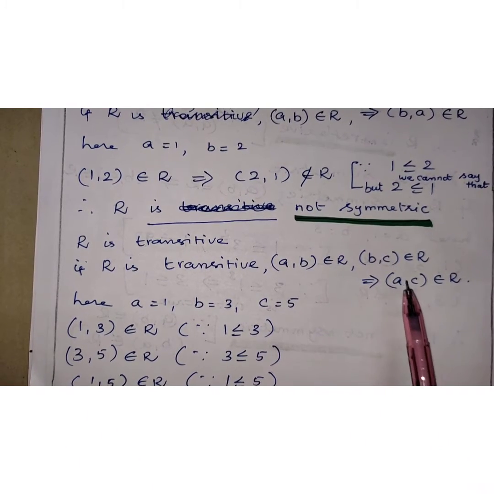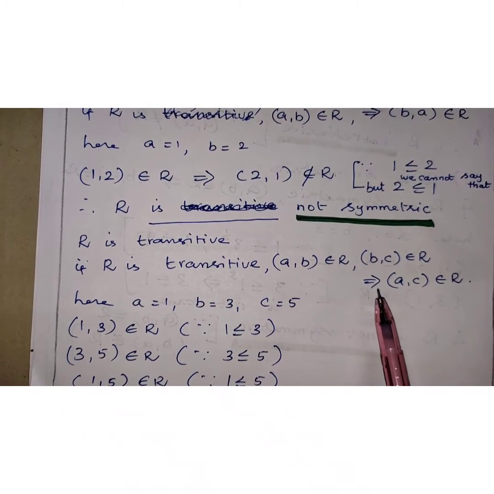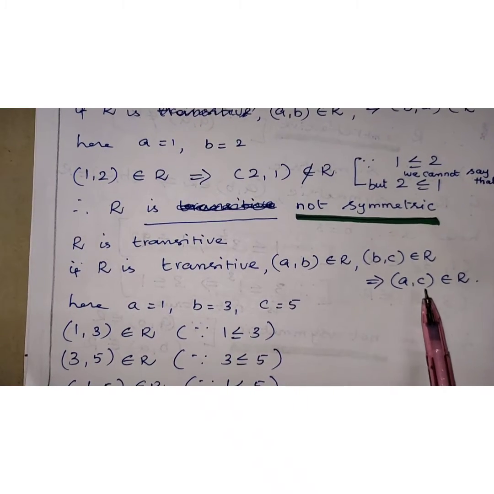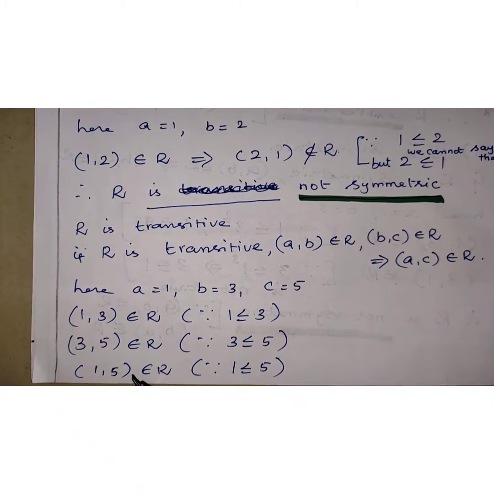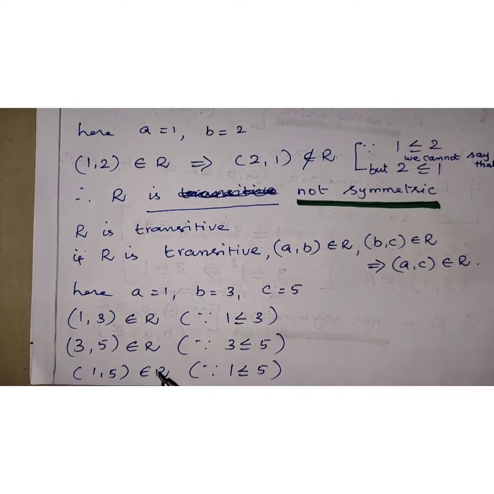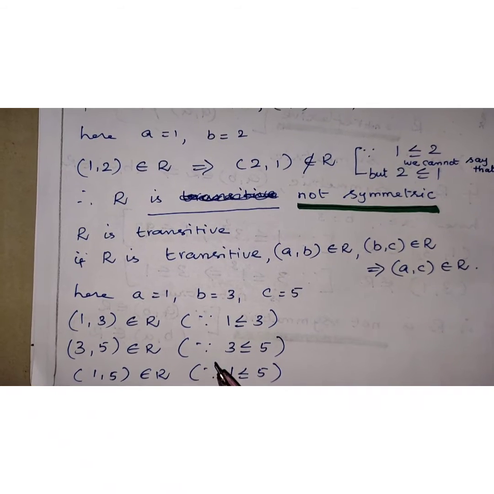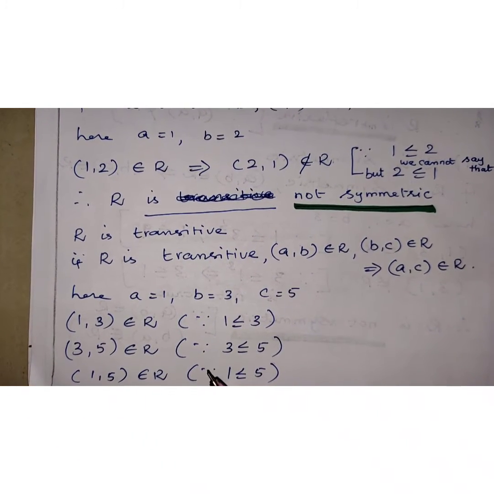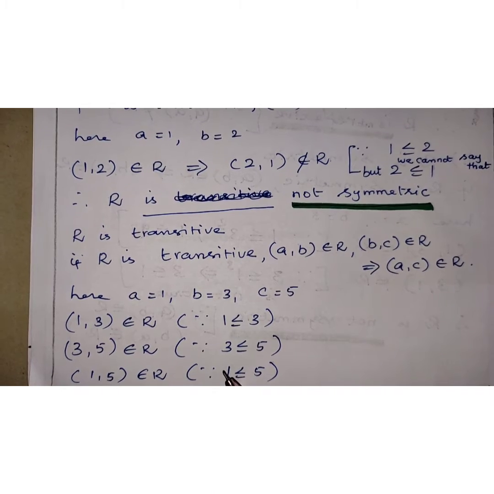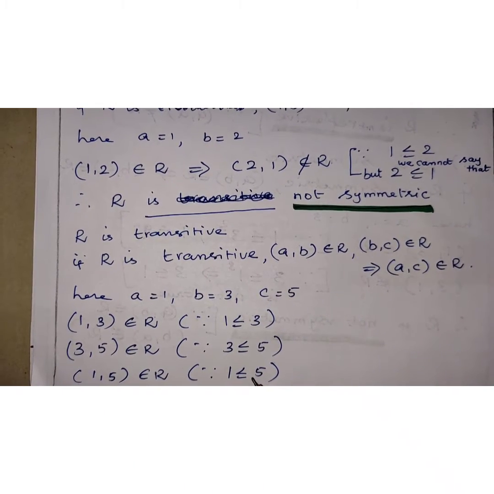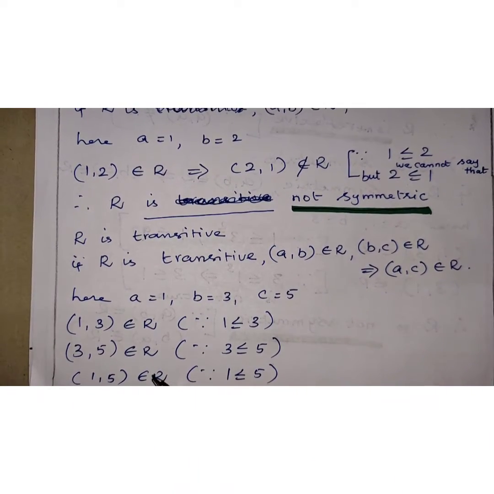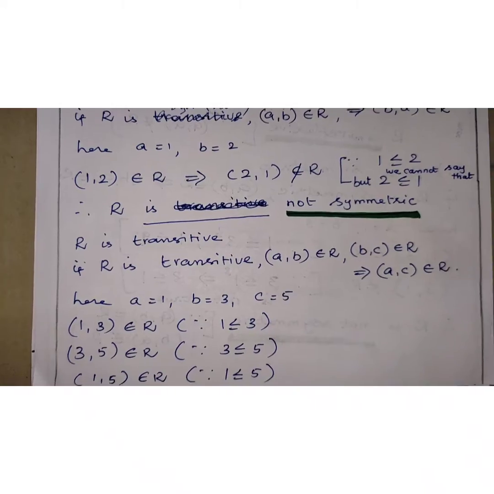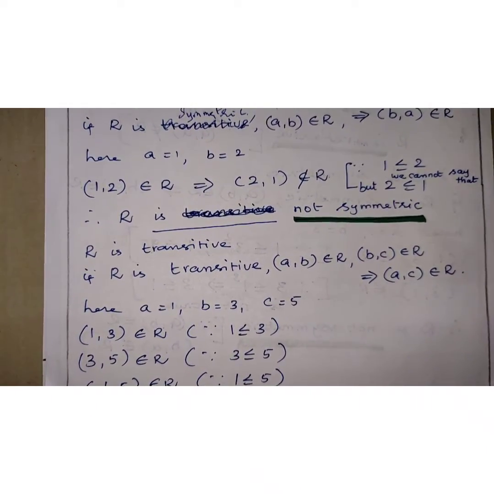For the transitive condition we have to prove that (a, c) belongs to R. Here a equal to 1, c equal to 5, so (1, 5) belongs to R. The reason is that it satisfies the given condition, that is 1 is less than or equal to 5. This statement is true. Therefore we can say that (1, 5) belongs to R. Then the given relation satisfies the condition.